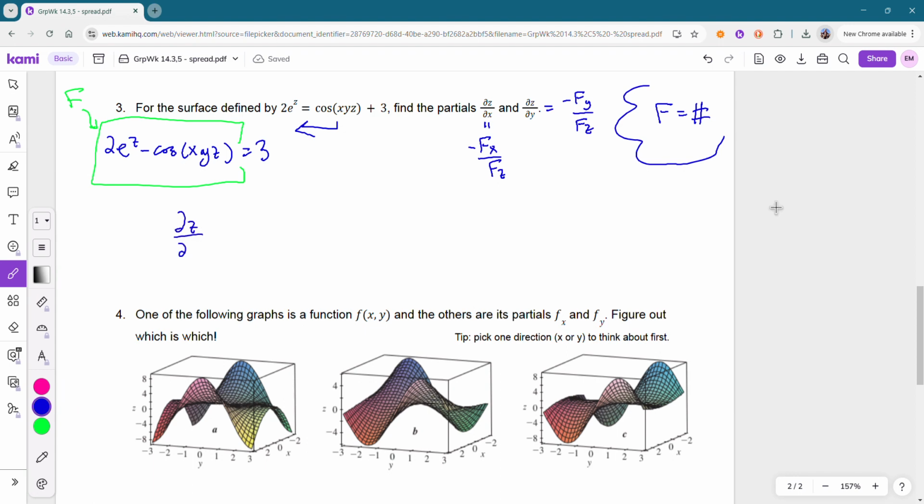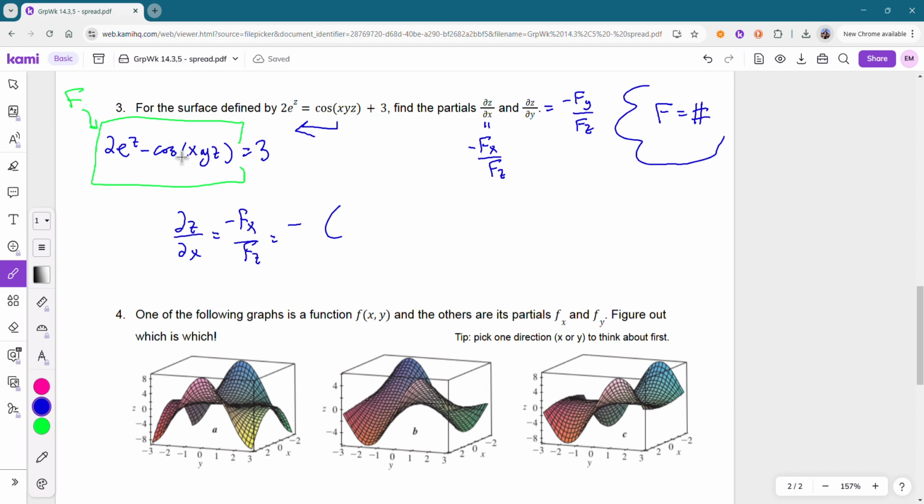∂z/∂x is going to be negative fx over fz. So taking the partial of this thing, our green box function, with respect to x, the first piece just goes away because y and z are constant. And over here, we have a little chain rule to work through. So we have a negative cosine.